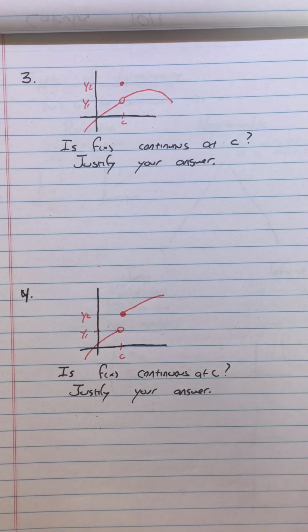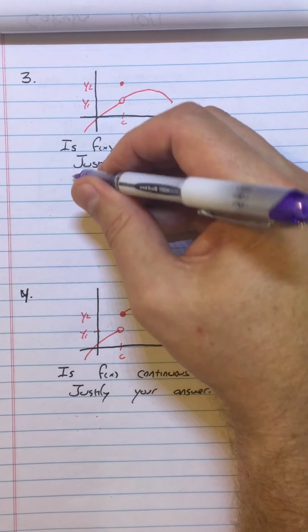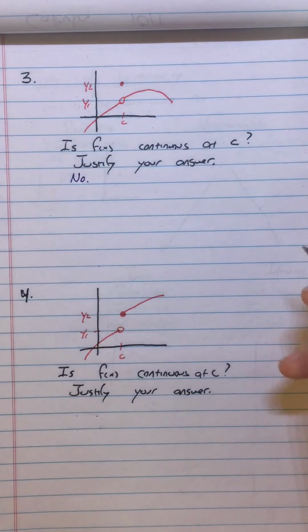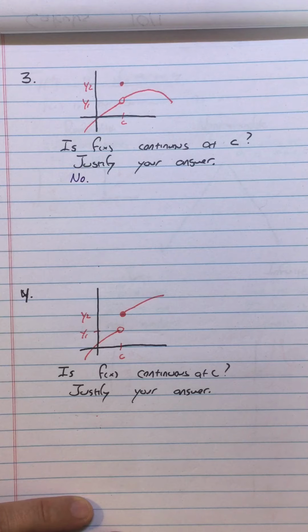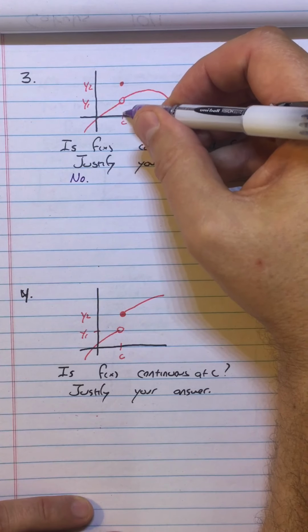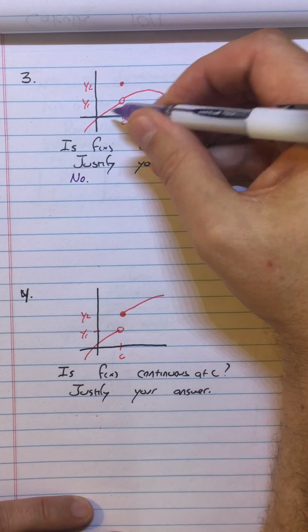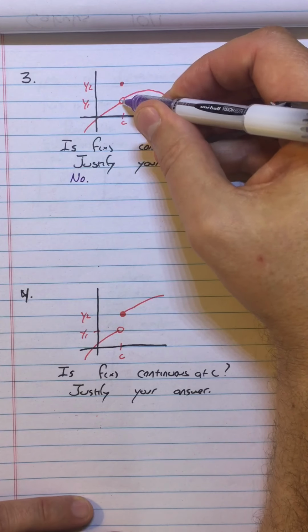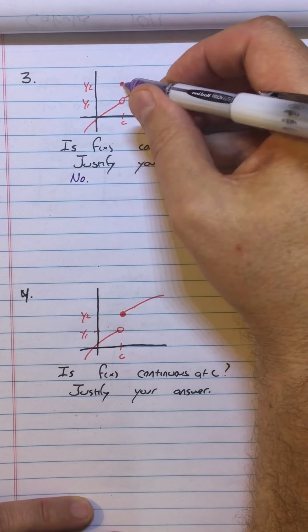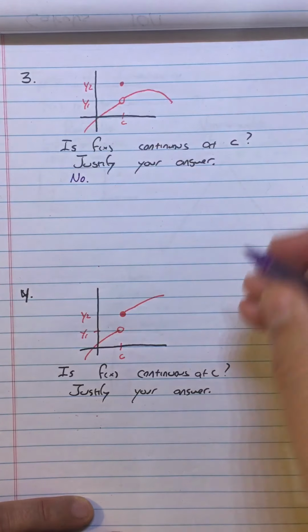Okay, here you are back with your answers. Is f of x continuous at c? I hope you said no. All right. Justify your answer. So we only have to say one of the three things is wrong. Which one of the three things is wrong? Well, what's the limit as x approaches c of f of x? It's y1. But what's f of c? It's y2, and they're not equal.